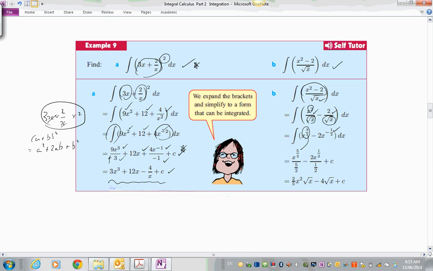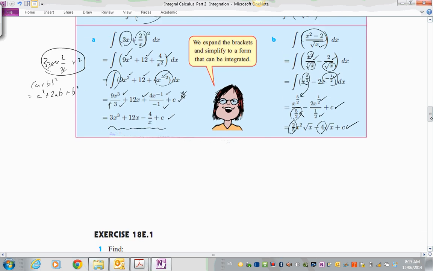Increase the power by 1, add 1, divide by the new power. Increase the power by 1, negative a half plus 1 is a half, divided by the new power. And then we invert these. Now you're dividing by a fraction, you invert and multiply. And then as soon as we do it, add c. As soon as you do that anti-differentiation process, you must have a constant in there.